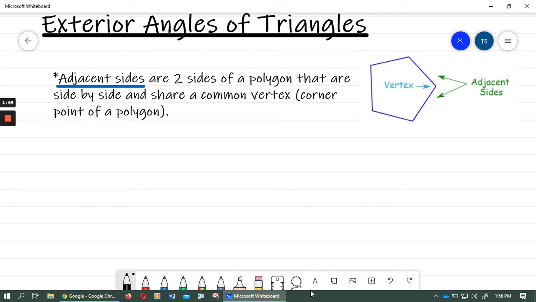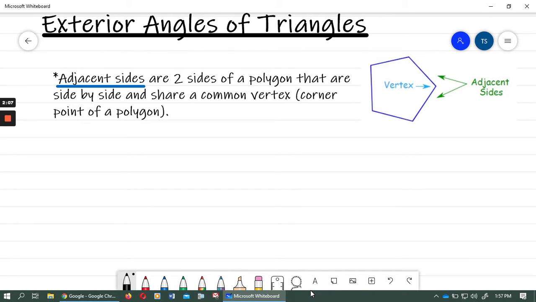Okay, so folks, we can't really talk about exterior angles of triangles without first discussing what adjacent sides are, in any polygon.